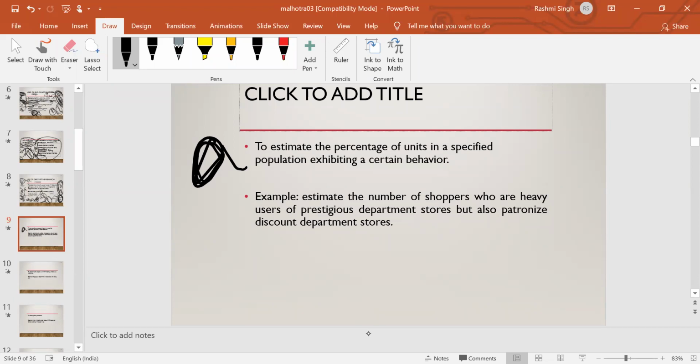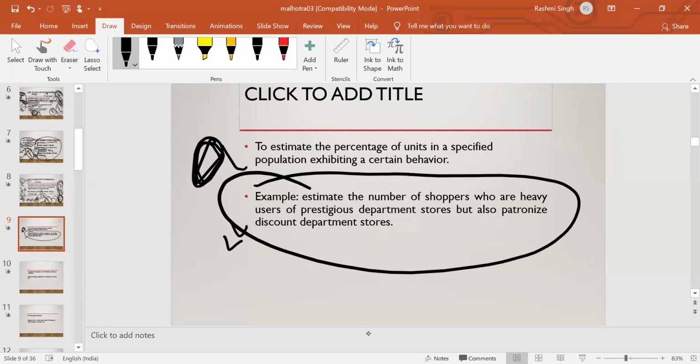An example is to estimate the number of shoppers who are heavy users of a prestigious department store but also patronize the discount department store. That will help you to know more about this particular problem. It means you want to know the percentage of units, or what would be the sales of this particular store.